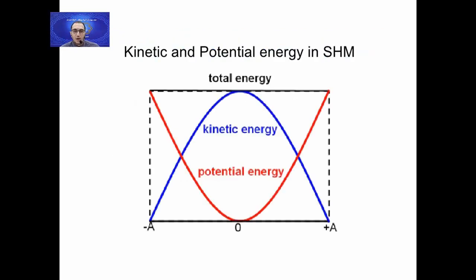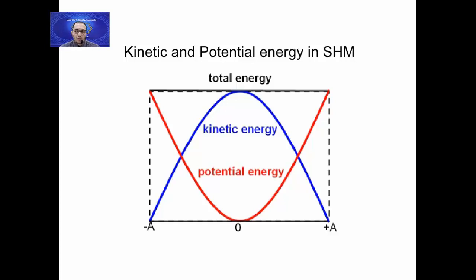Now we need to study the relation between kinetic and potential energy in simple harmonic motion. I think all of you know that any moving object has energy, and this total internal energy is divided into two main types, kinetic energy and potential energy.